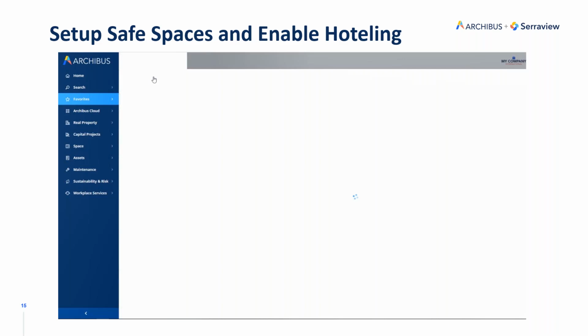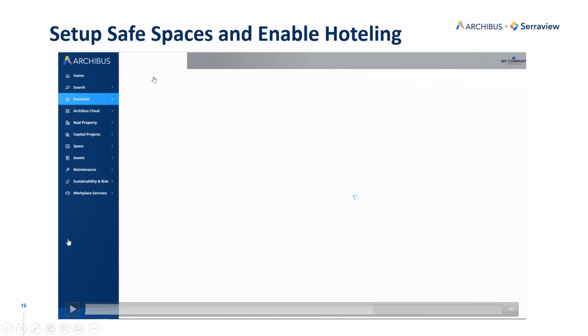And once the cleaning services have been completed, then the room will turn available again. So those were connected much more robustly in the last Archibus release, and you can take advantage of that. So whether you're booking a desk or, in this case, an actual classroom, the services and the restriction on availability still apply.